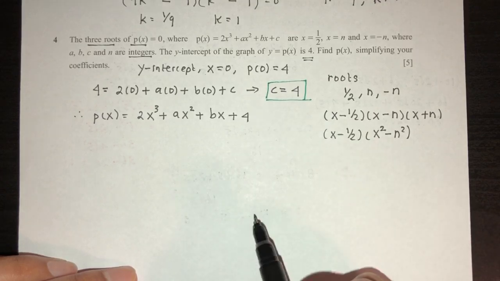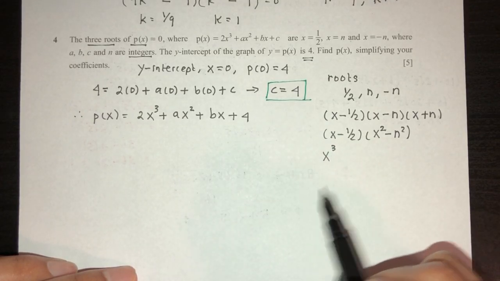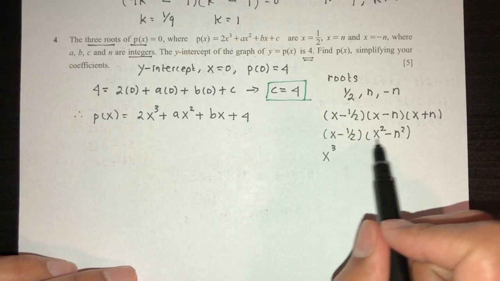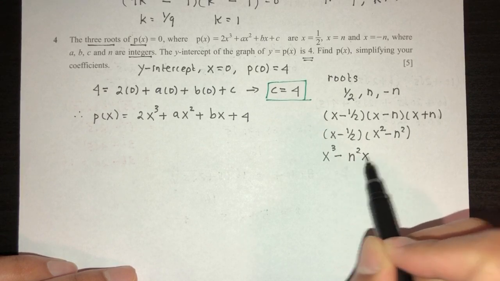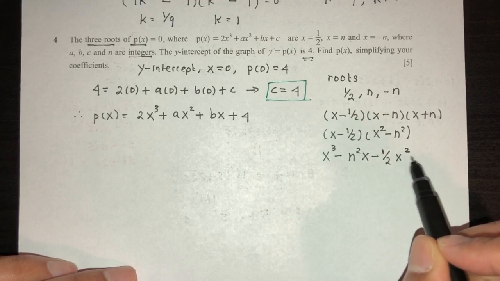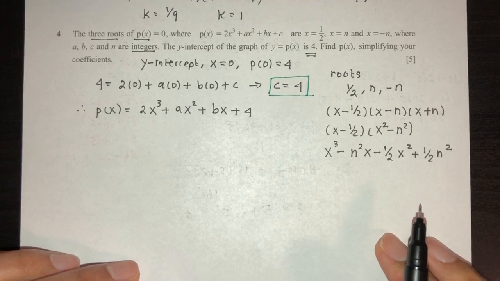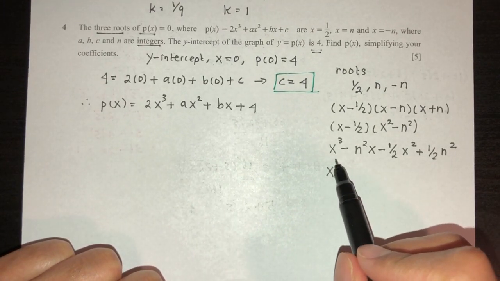Now if you were to expand this, what will you have? You will have x cubed, okay, and then minus n squared x, minus half x squared, plus half n squared. So let's see what else can we derive.